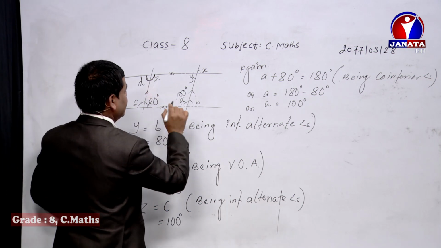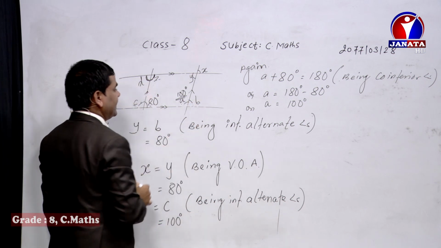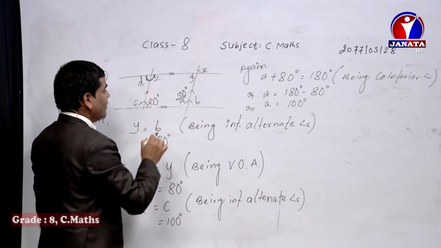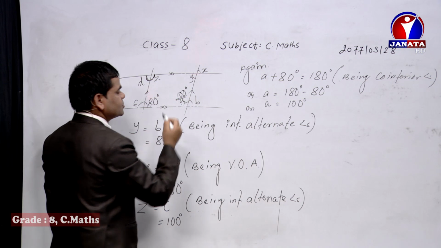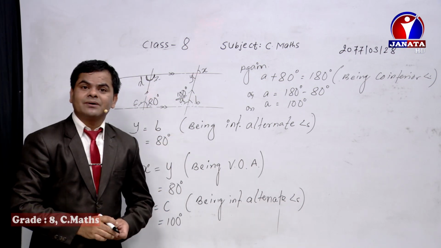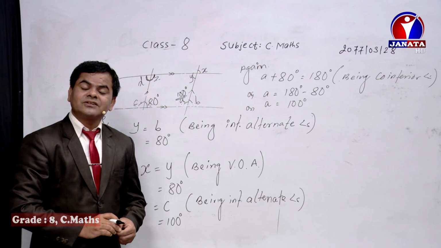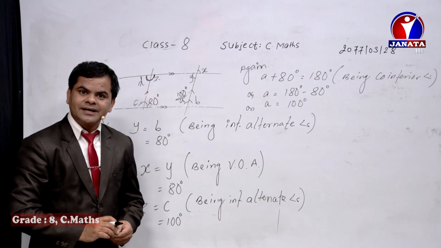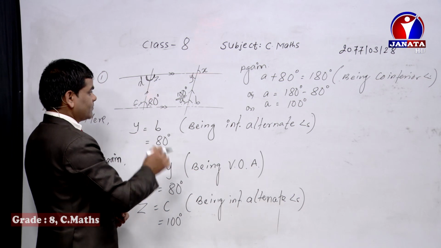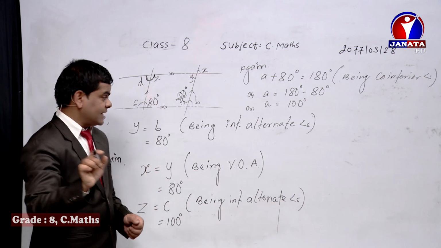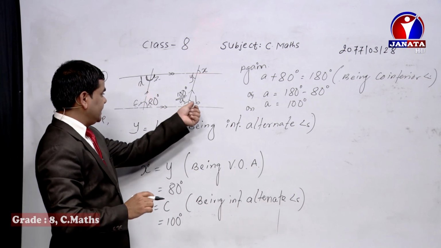As the value of a is 100 degrees, now you can write a plus b equals 180 degrees in order to find the value of b, because they are supplementary angles, or straight angles, or a linear pair, isn't it?